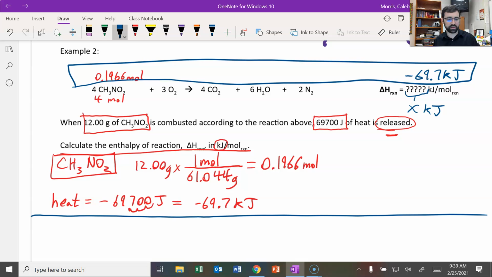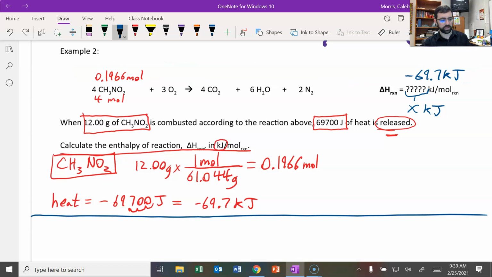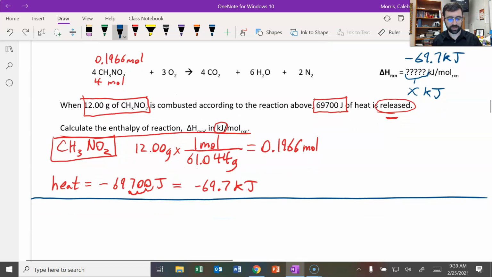So that's the reason that those two values are both on top. This is the amount of heat that's produced when we burn that much CH3NO2. I'm going to get rid of that to clean it up a little bit. So now we're just going to set up the proportion and solve for x. It's just that x is on the bottom this time. That's the only real difference.